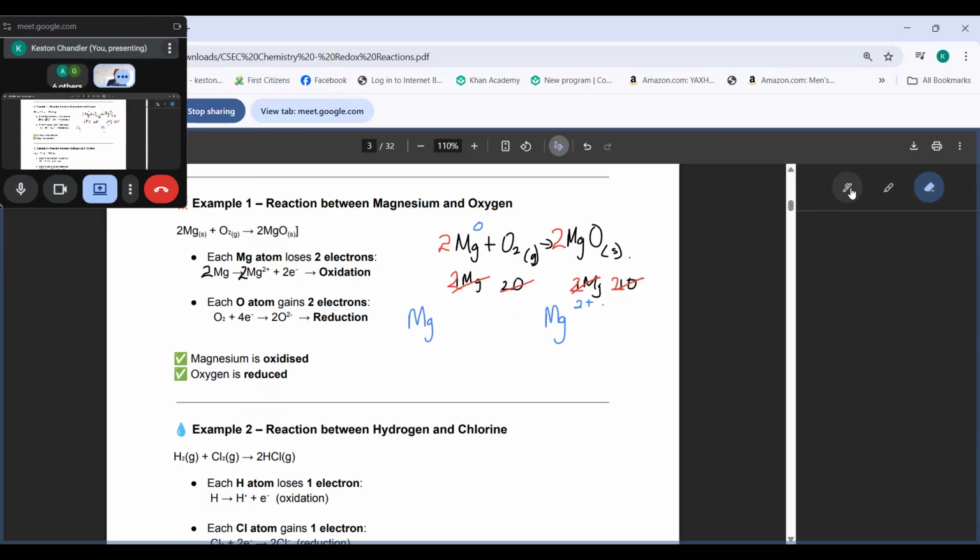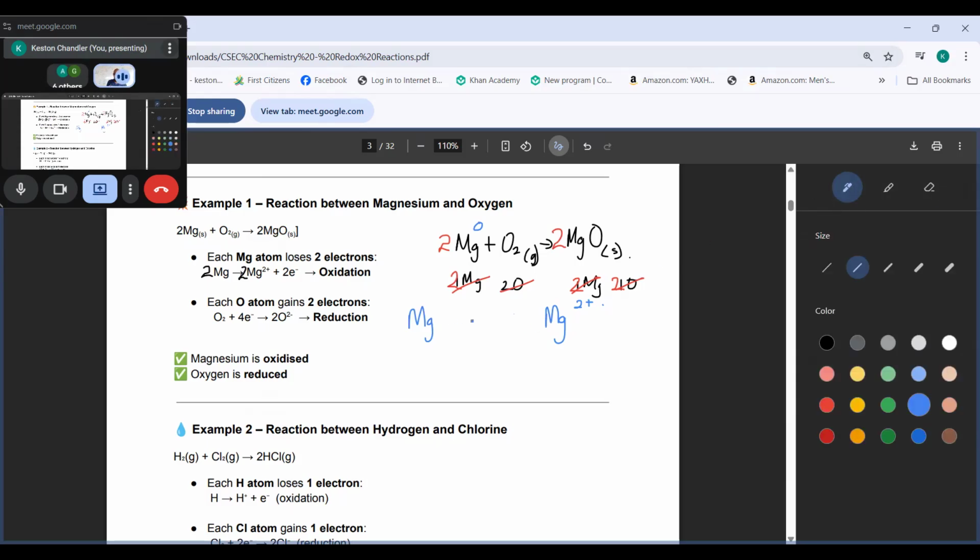Now, what is actually happening is this magnesium on this side is going to magnesium 2+, but it's losing electrons. We have 2 magnesium atoms here and 2 of them here, and each of them are giving up 2 electrons. It means that we have 4 electrons that are no longer with the magnesium atom. So these 2 magnesium atoms are becoming 2 magnesium ions and are losing 4 electrons.